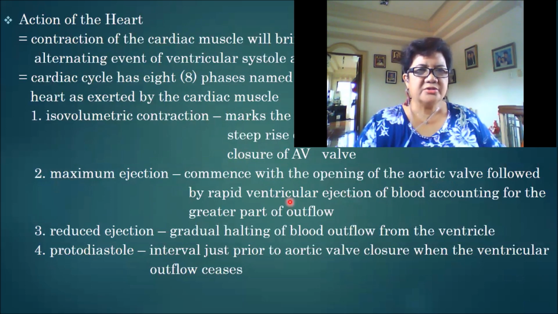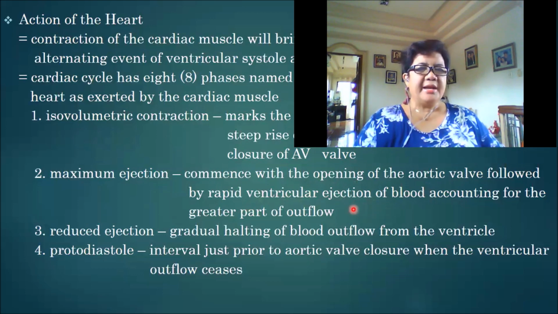It will occur also during maximum ejection, because your left and right ventricle will be contracting at the same time, with the left ventricle by milliseconds contracting first. So here in maximum ejection, the ventricles will be emptied through your aortic valve so that blood will flow to the aorta.